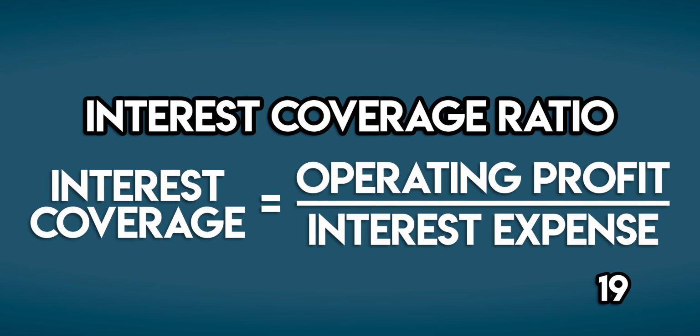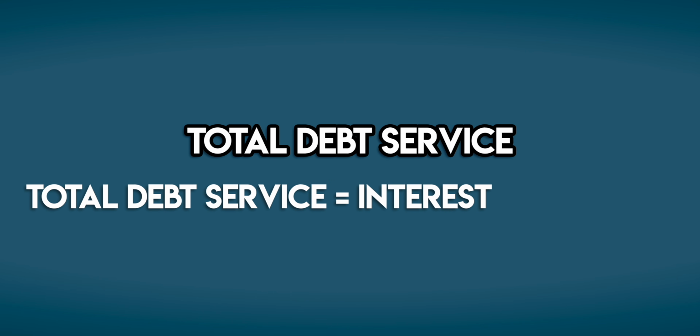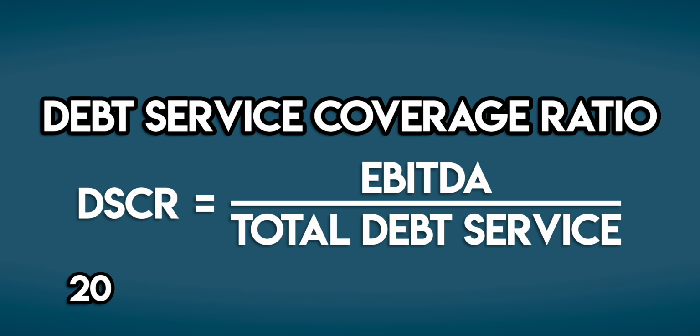But being able to cover interest isn't the whole story. Total debt service is made up of interest and repayments of the principal, the current portion of long-term debt. So it's also worth checking the debt service coverage ratio, which is equal to EBITDA divided by total debt service.